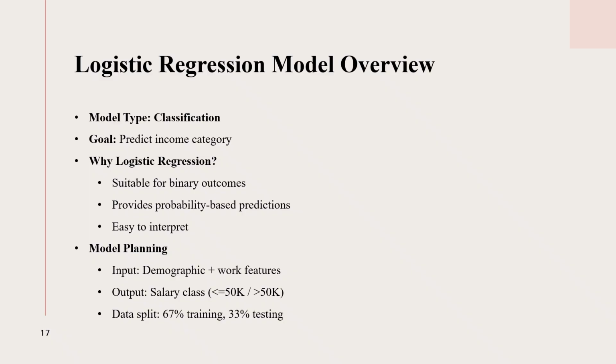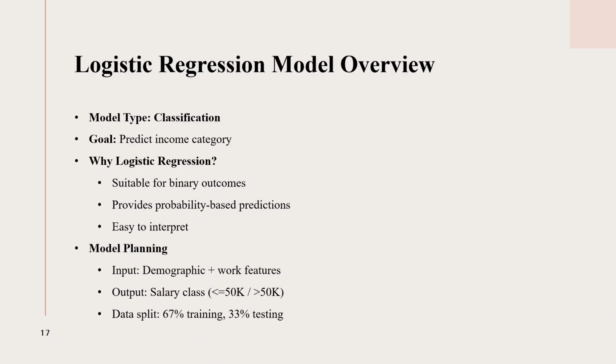Now let's look at the model used for this classification problem. The model used is logistic regression, which is a supervised learning algorithm designed for binary classification. The dataset was split into 67% training data and 33% testing data.